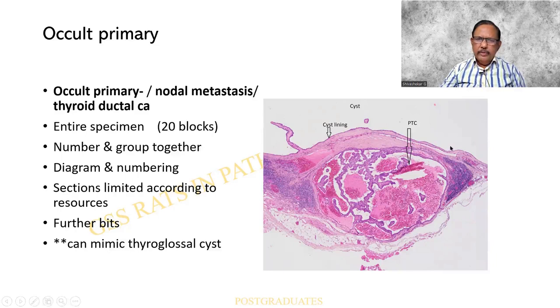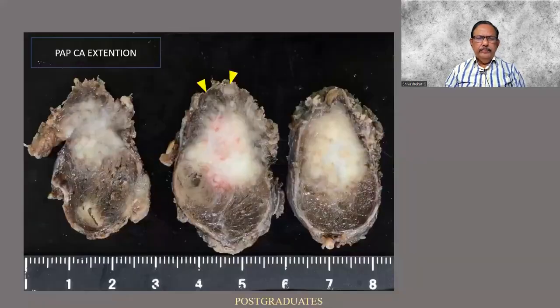Look at this one. There is a lymph node with a metastasis. And the same picture we can see right in the middle of a thyroid also. In which case, the entire specimen will have to be thoroughly studied once again. They have to be numbered, grouped, diagrammed, etc. This is what I had been mentioning.